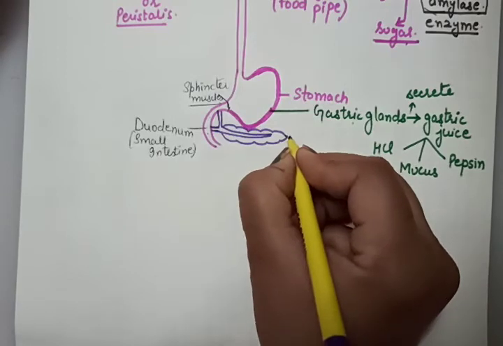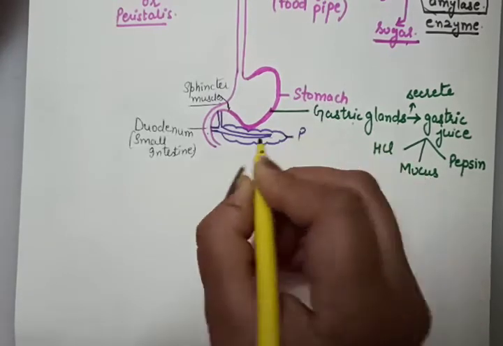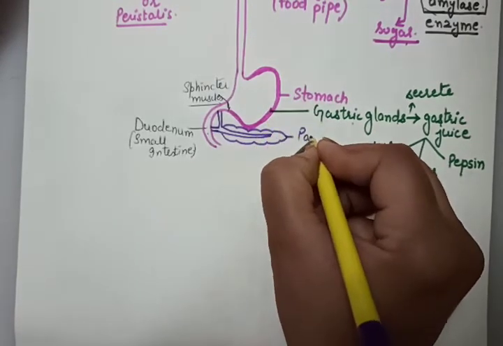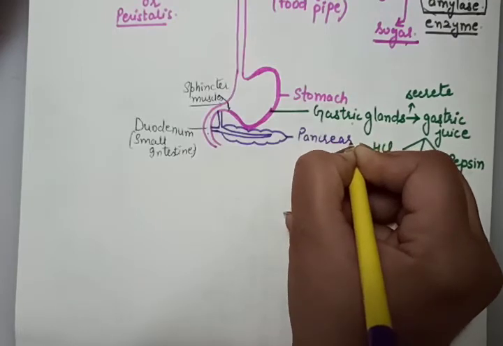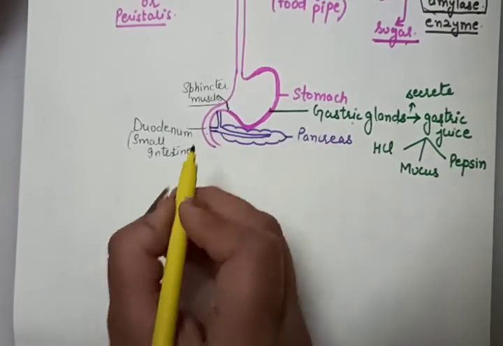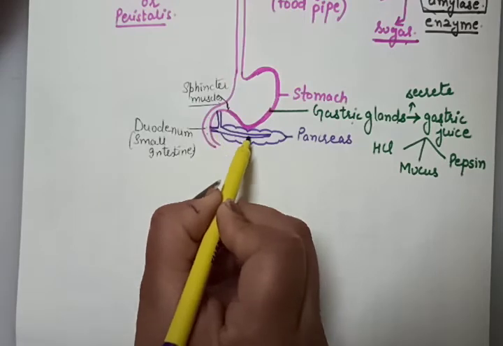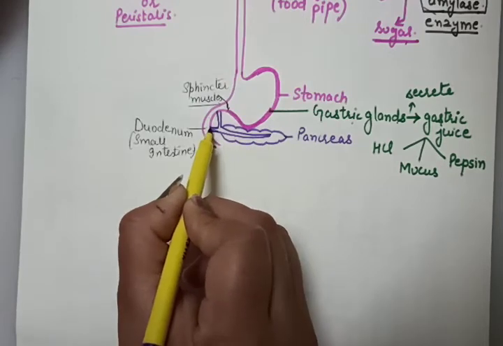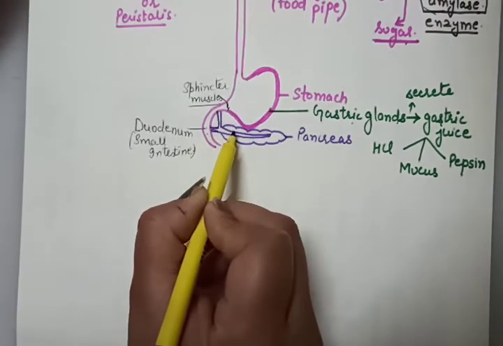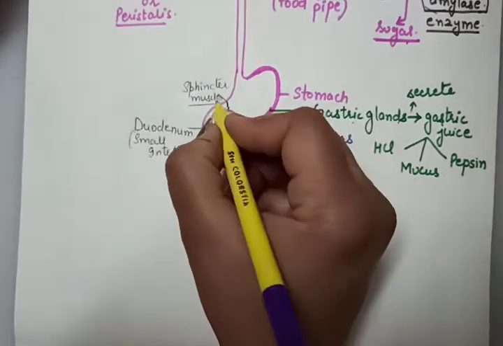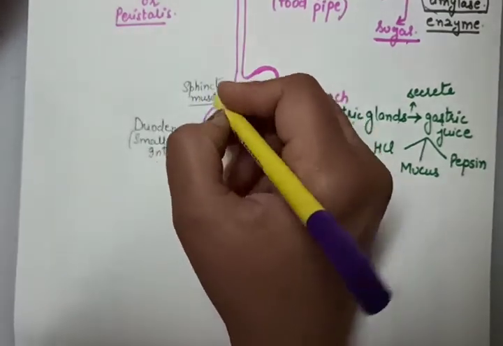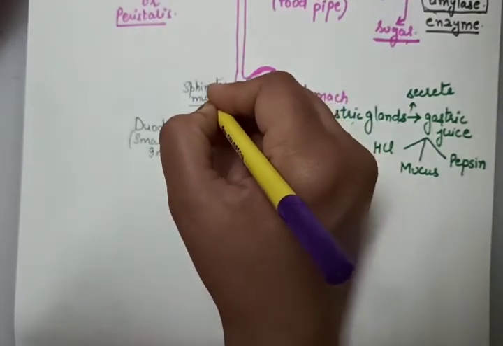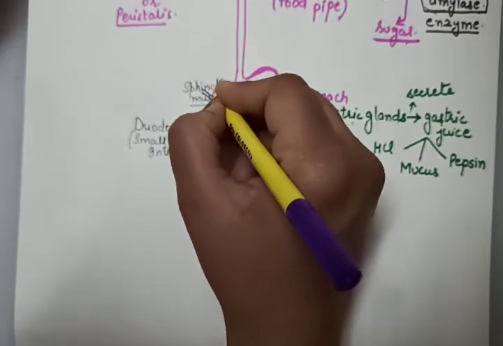This leaf-shaped part that is present below the stomach is called the pancreas. This is the duct. These are called exocrine glands. They have ducts. Now this duct comes from here. Sorry, I have written over here.